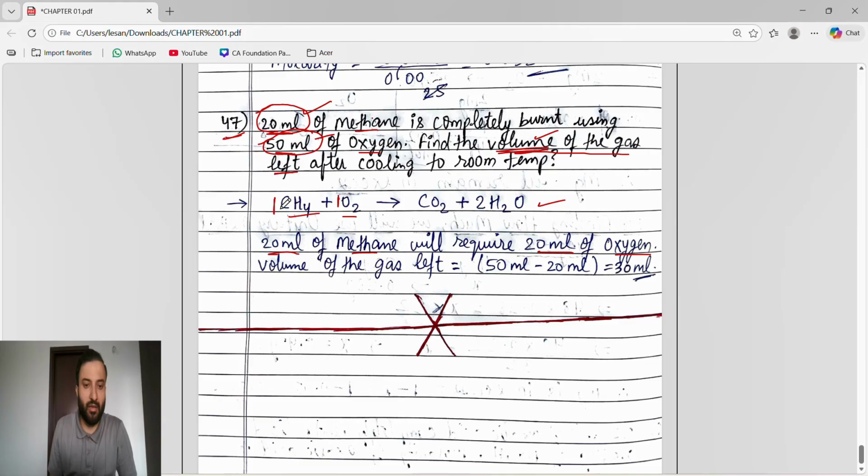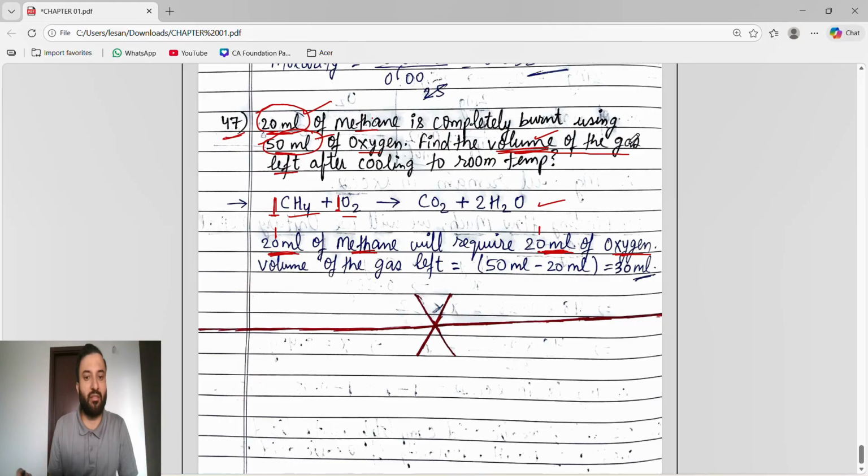So the ratio is 1:1. Ratio 1:1 means 20 mole of methane is completely burning in 20 mole of oxygen. So 1:1 means 20 ml of methane will require 20 ml of oxygen to burn.